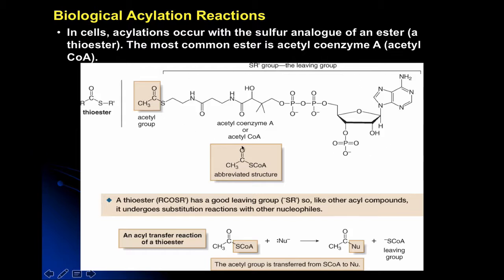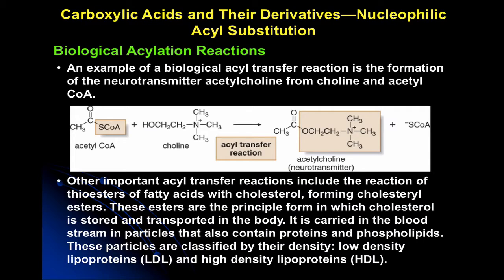This is a huge leaving group, but it's biologically relevant because we have the biologically compatible molecule here that your body can handle, and you don't have to worry about the toxicity of things that might occur with things that are stronger, like anhydrides or acid chlorides. So again, the thioester, the sulfur part is a pretty good leaving group. And so acetyl-CoA will react with a variety of nucleophiles to acetylate or acylate those particular nucleophiles.